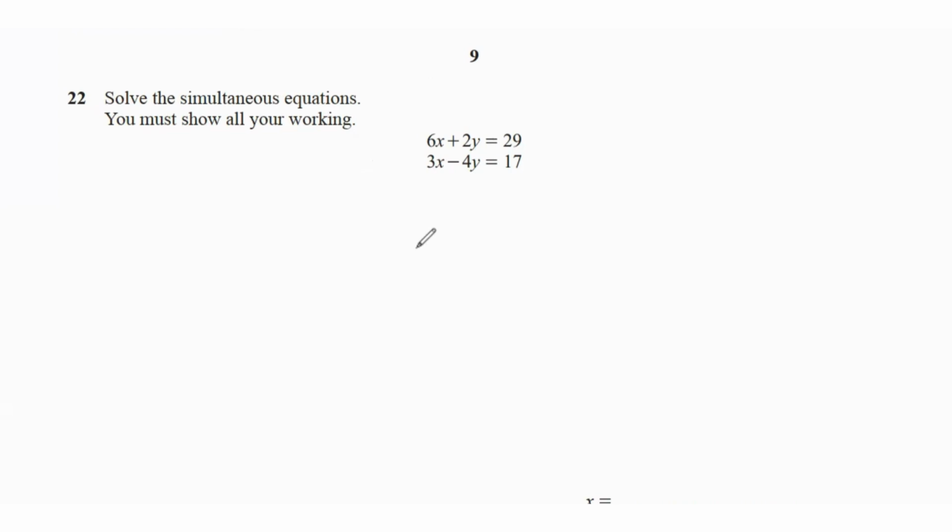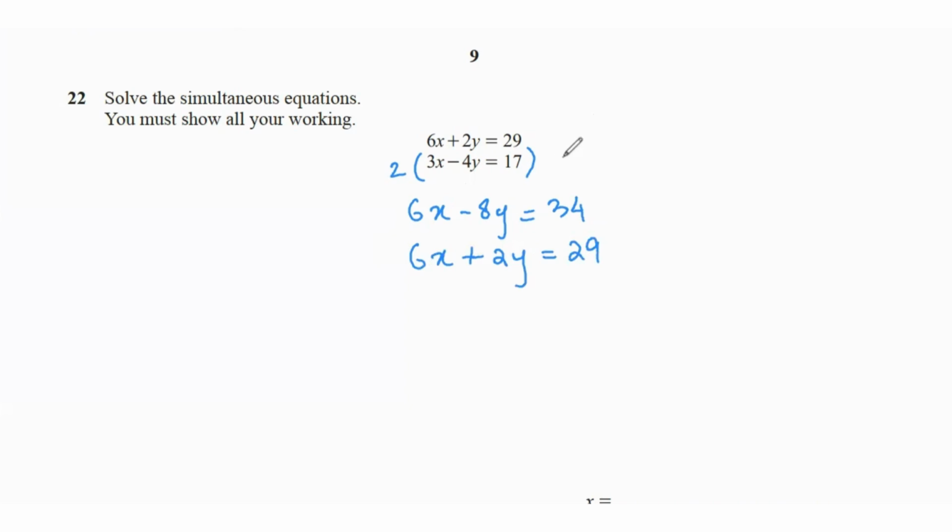So it's ideal to just go for the elimination method. I'm going to eliminate variable x over here. To eliminate variable x, I'm going to multiply the second equation by 2. That's going to give us 6x minus 8y equals 34. So now we have these 2 equations, and we can easily solve them simultaneously using the elimination method.